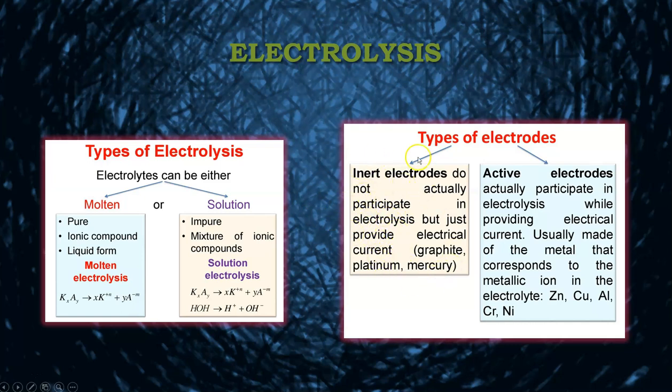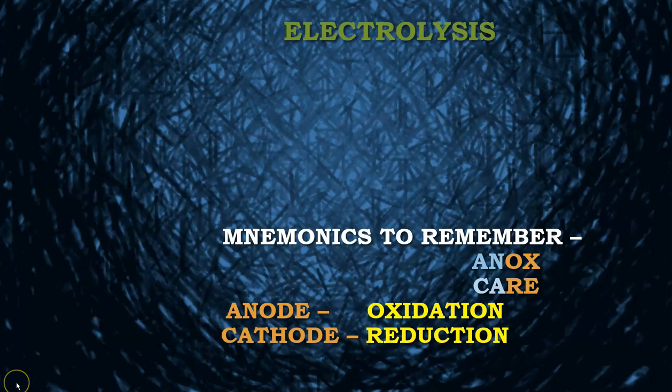They are not participating in the donation of ions or ionic elements. So inert electrodes we actually use for the extraction of transition metals, and the electrodes that we use over here are basically active electrodes in most of the extraction processes.